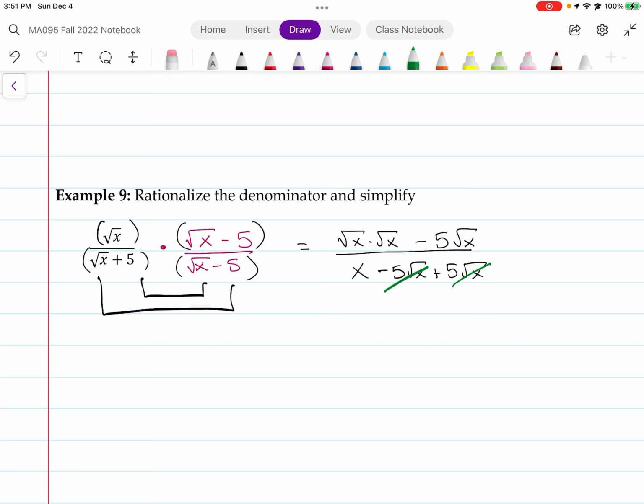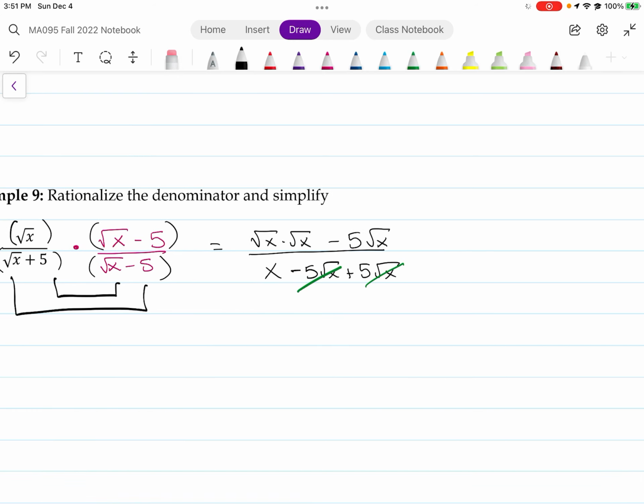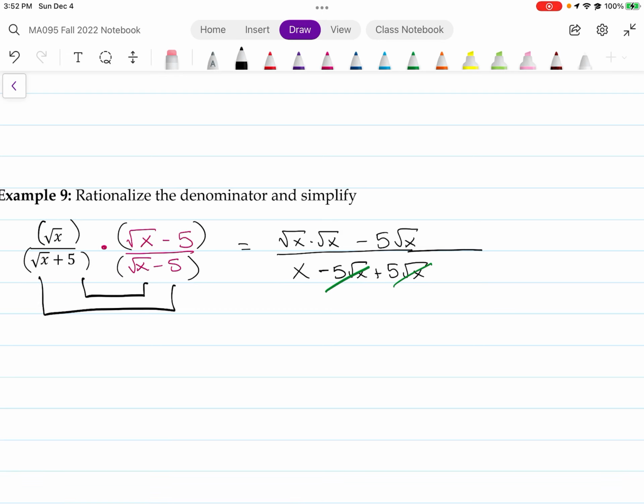So if you can see that, when you're rationalizing, it's going to go away if you do it properly. All right, and then we've got minus 5 times 5. Okay, so on top we got square root of x times square root of x, x, minus 5 square root of x, over x, which was square root of x times square root of x, minus 25.